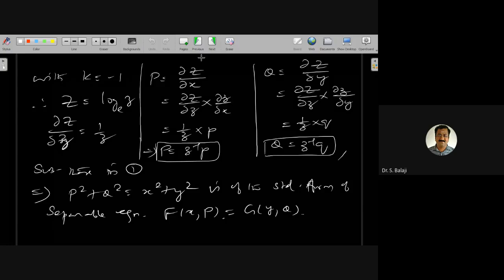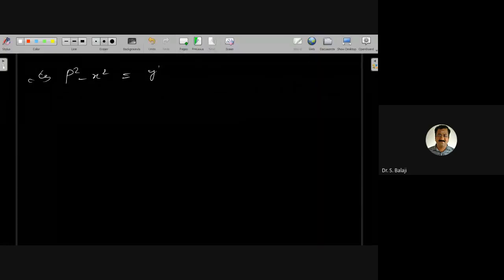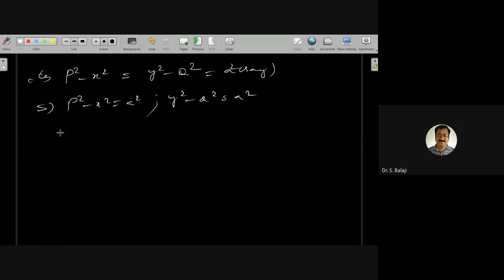So p square minus x square equal to y square minus q square, equal to some a. For convenience take a square: p square minus x square equal to a square, and y square minus q square equal to a square.